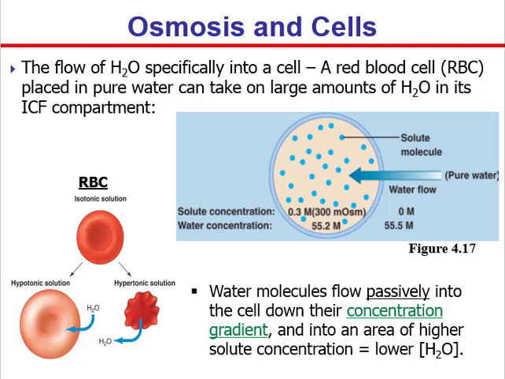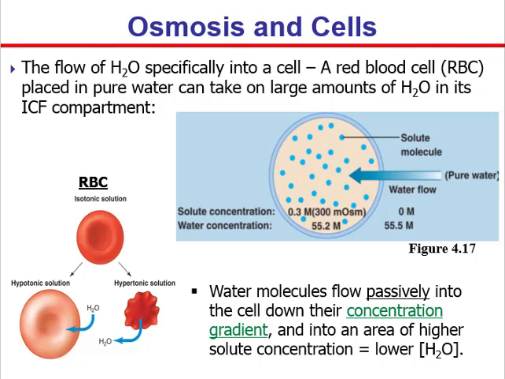So in figure 4.17, we see this tendency of water to want to rush into the cell, that large arrow pointed in towards the solutes, to equilibrate water and salt. So that's why I said earlier, water tends to follow salt.